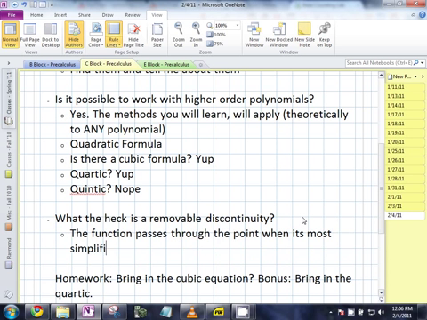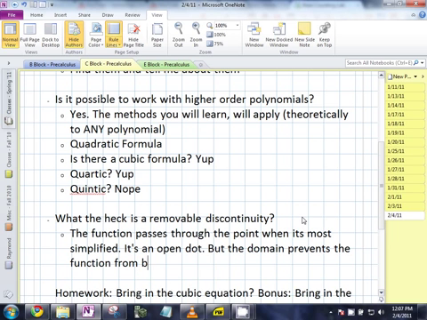Yeah, that's one way to say it. It's not totally correct, but that's the best communication. I like that. Actually, it doesn't do this, the domain prevents the function from being defined at the point. Simply put, it's an open dot. That's all it is. And we're going to talk about that in more detail in a second.